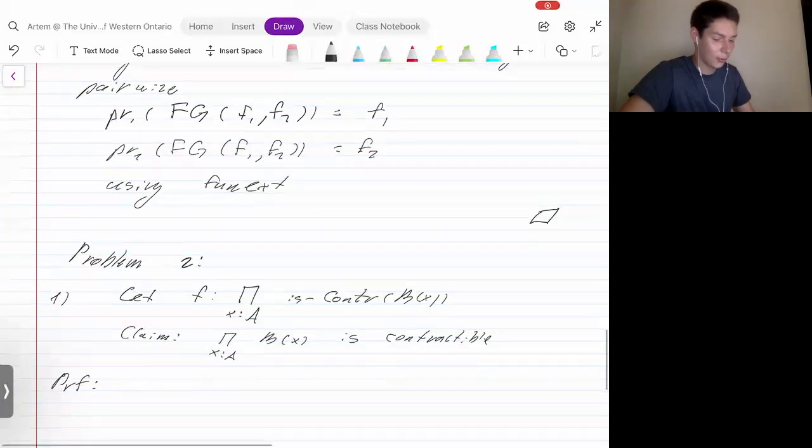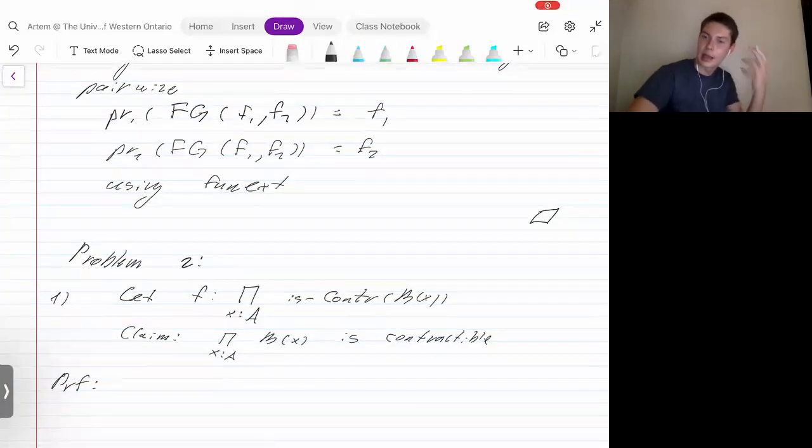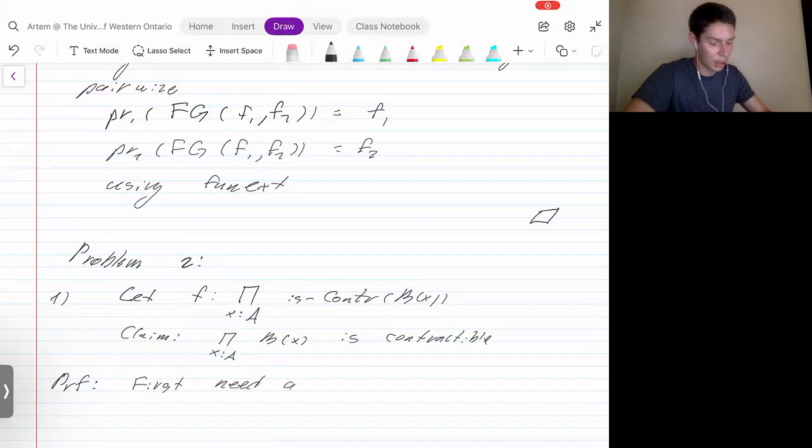Well, what is contractibility? Again, it's inhabitedness plus propositionality. So first we need a center of contraction.